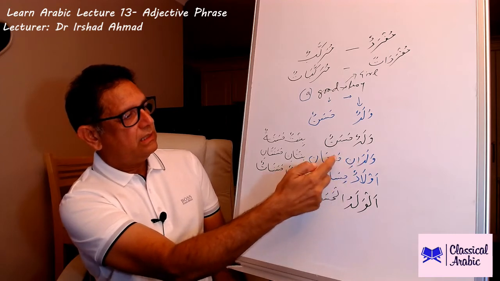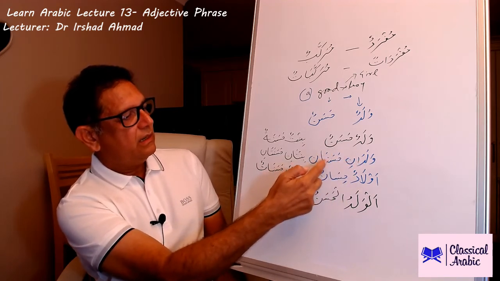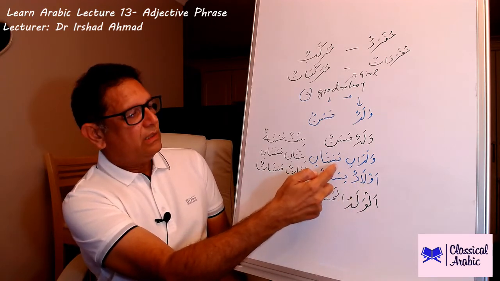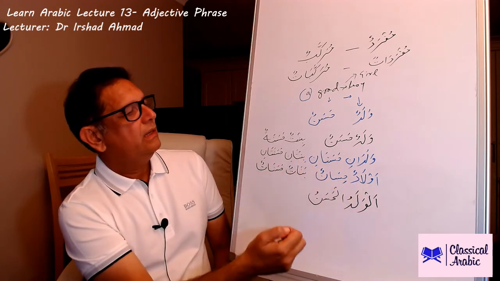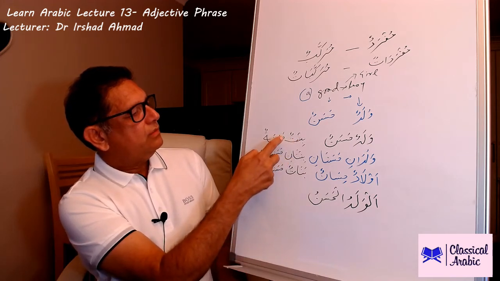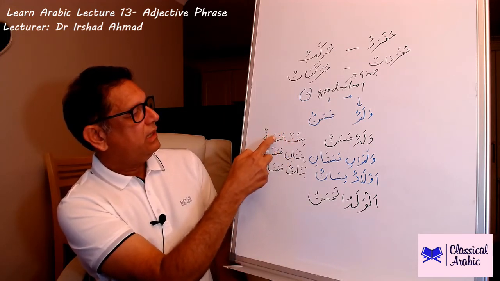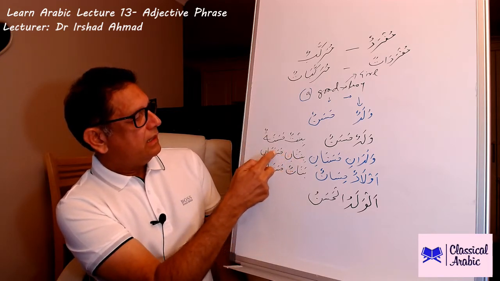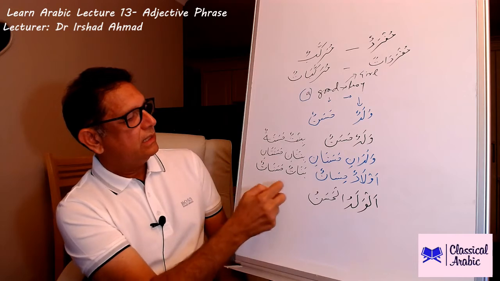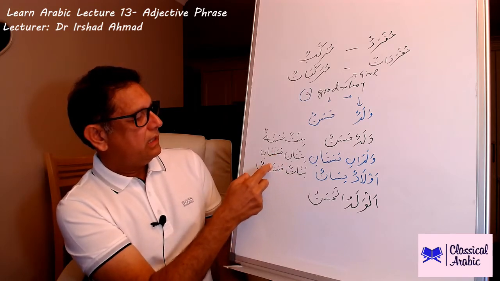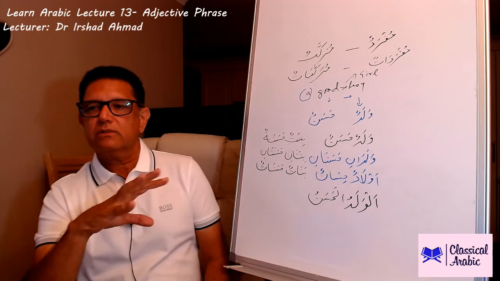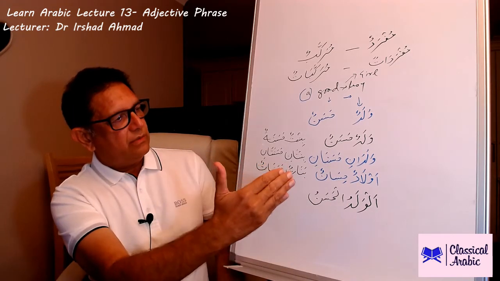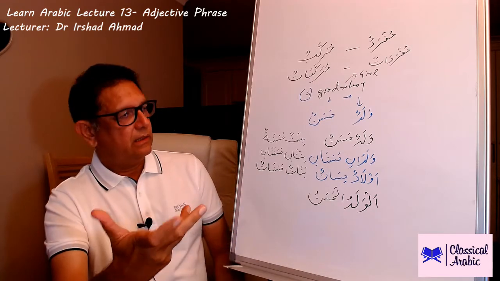Al waladani, al waladanil hasanani, al awladul hisanu, and al bintu, al bintul hasanatu, al bintanil hasanatani, al banatul hasanatu. So that will become a definite phrase. So from indefinite we can easily make definite just by adding al.